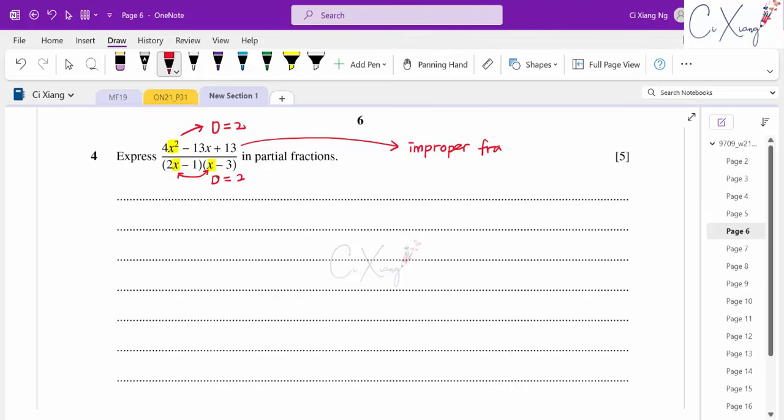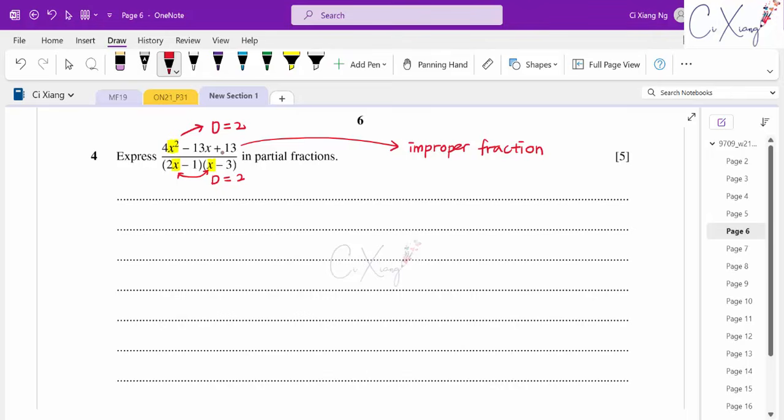To find the partial fraction from an improper fraction, you need to make it become a proper fraction first. So how can we make this improper fraction become a proper fraction? We have to apply long division.